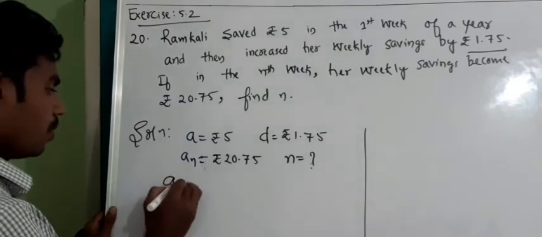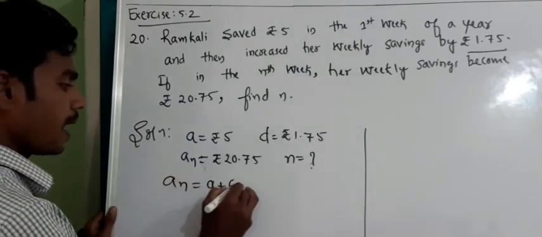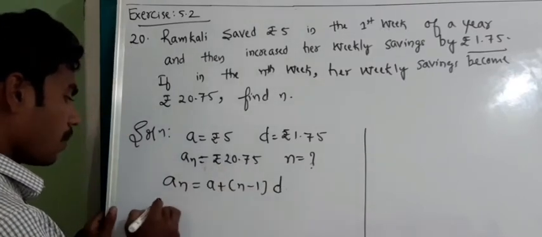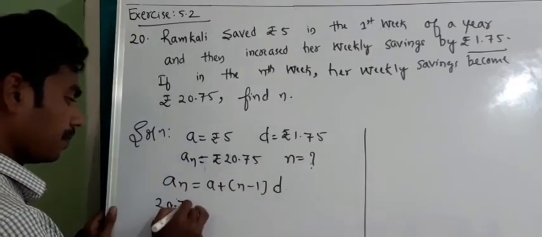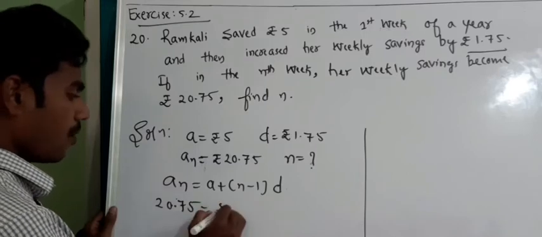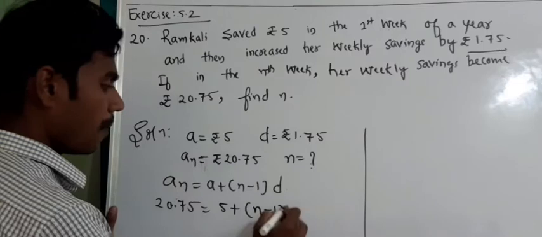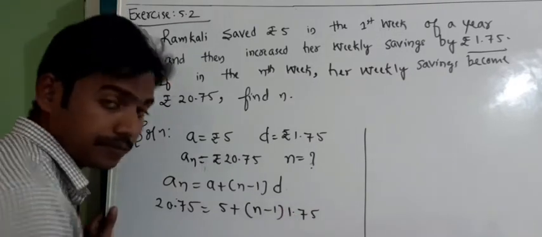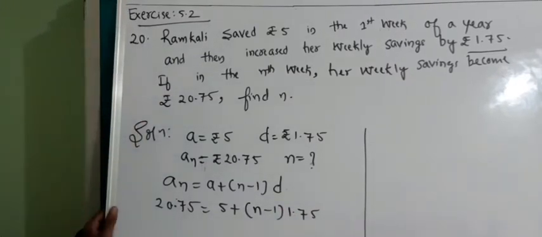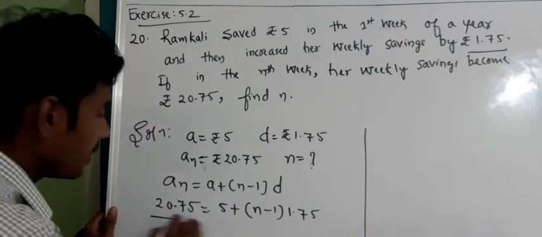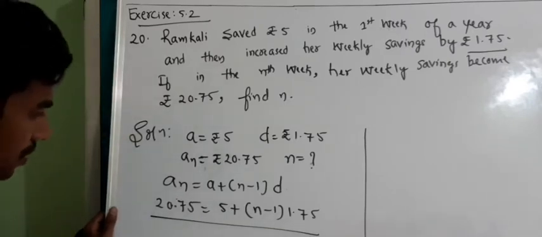AN is equal to A plus N minus 1 into D. What is AN here? 20.75. What is A? 5. D is 1.75. Handling decimals is quite difficult, but if we use a trick, handling decimals will be easier. So I'll show it later.